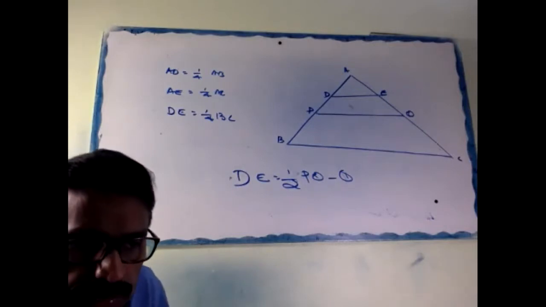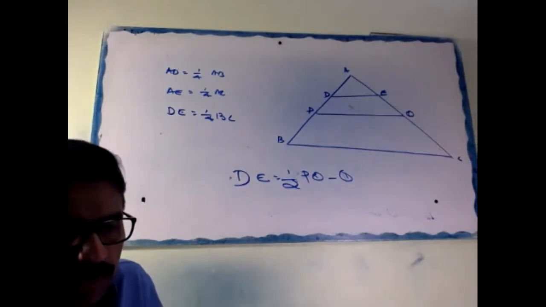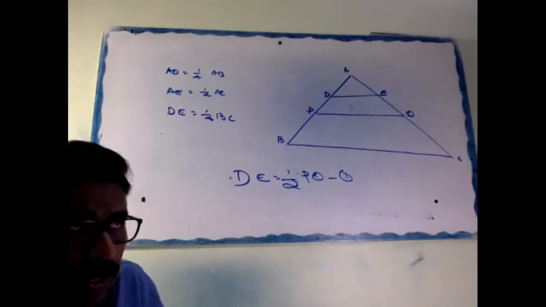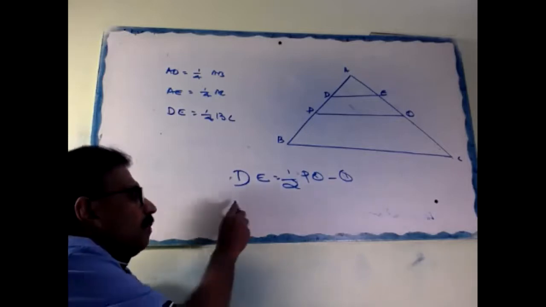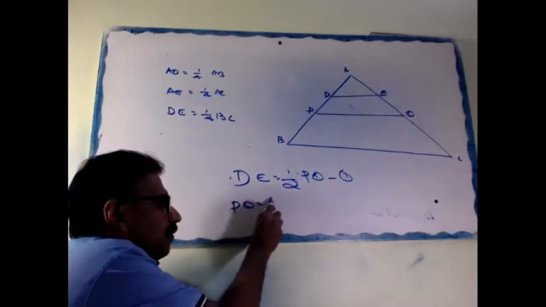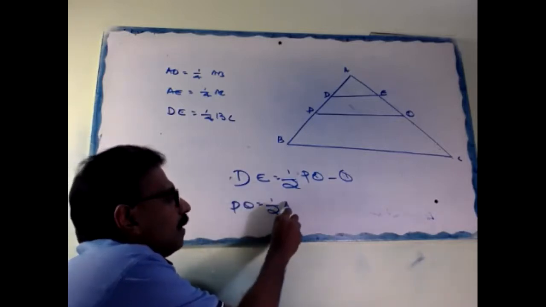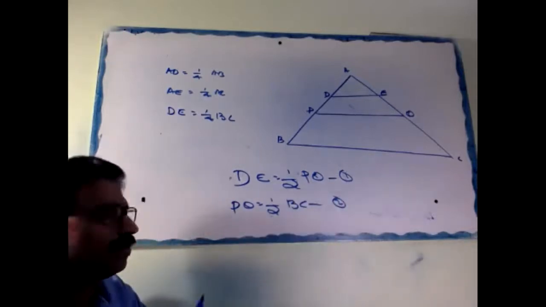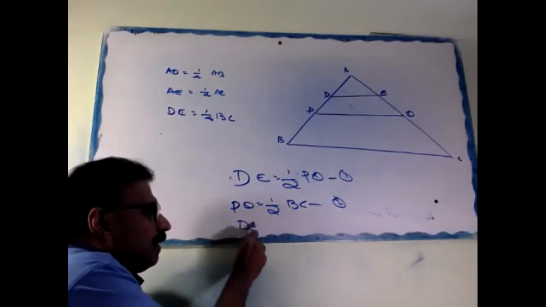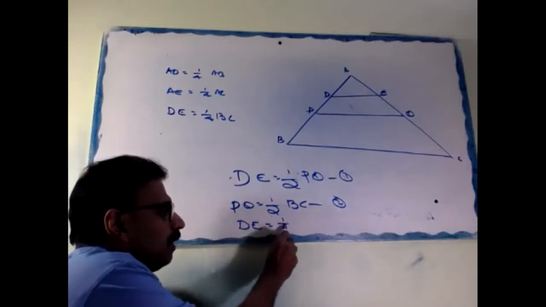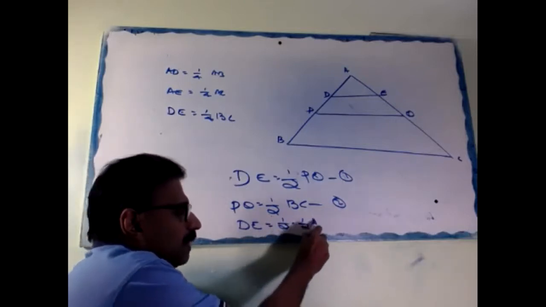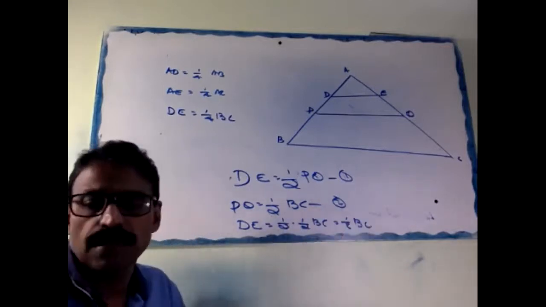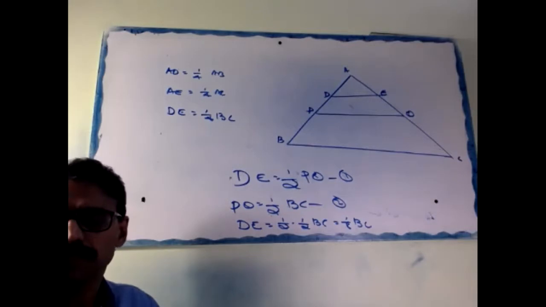Then by the midpoint theorem, PQ equal to half of BC. From 1 and 2, we get DE equal to half into half BC, equal to 1 by 4 BC. Is it okay?